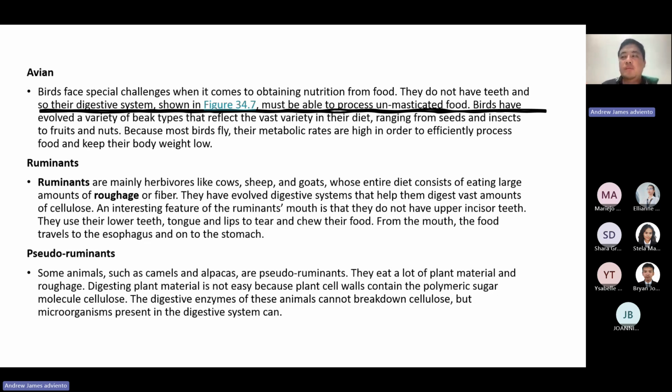Kasi yung bato na yon, siya yung tutulong sa kanila para it can break yung food na nilunok nila. Kasi nga, they don't have teeth. They cannot chew. Hindi silang ngumunguya. Nilulunok lang nila lahat. So kapag lumunok sila ng pagkain, naglulunok rin sila ng maliliit na bato, and the stone actually helps break down the food that they just ate. Yan yung mga birds. Okay?